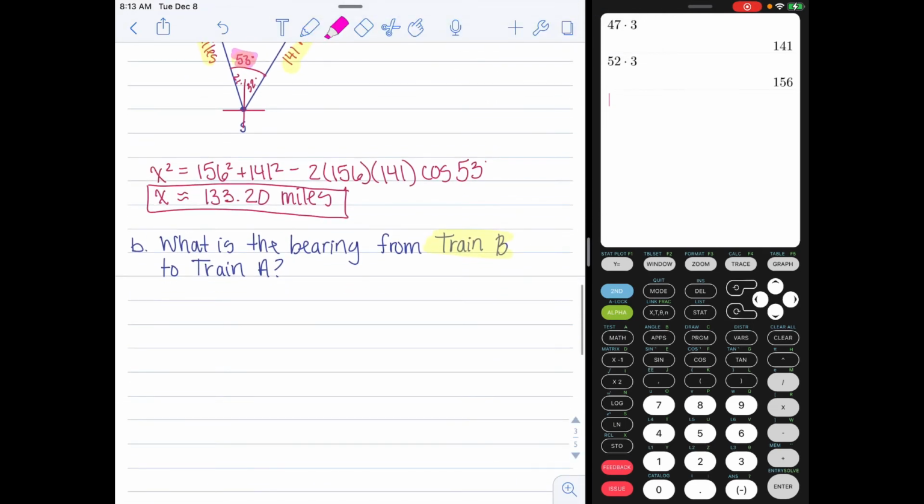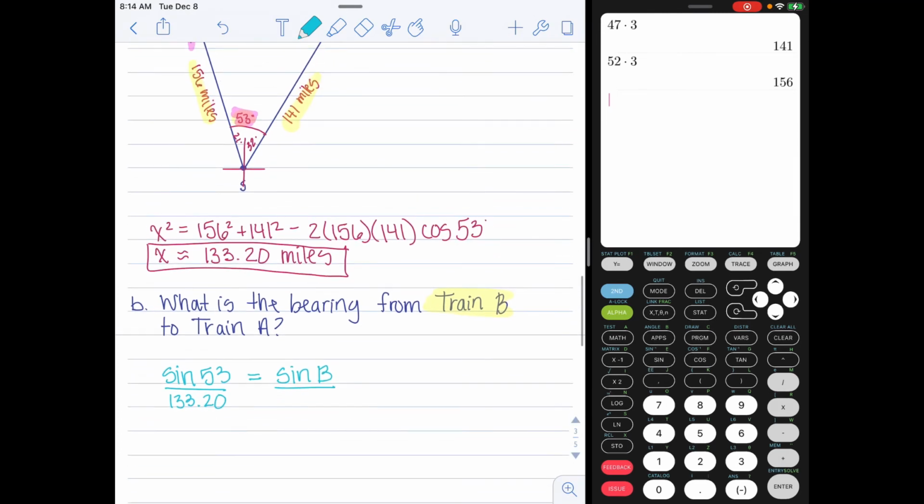So I can do the setup for the light blue part to be sine of 53 over 133.20, what we just found, equals sine of B over, what was it, 141 miles. Okay. So we cross multiply this. Make sure you try this one out.